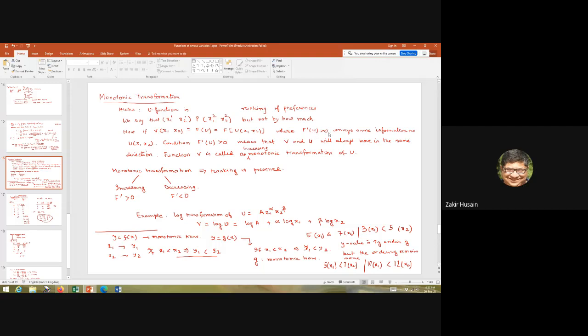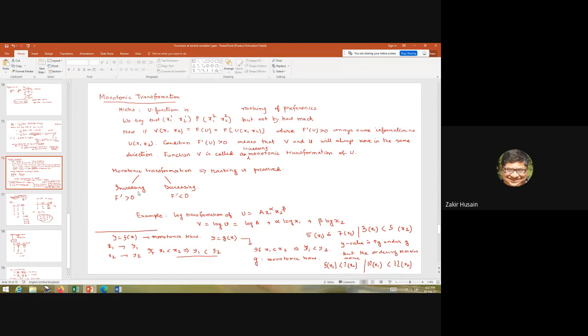This is a positive monotonic transformation, which means that for the same bundle, you get more satisfaction. What will be the negative monotonic transformation? This will be f prime less than 0. See over here, with a monotonic transformation, we preserve the ranking.